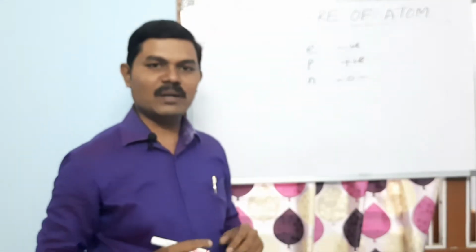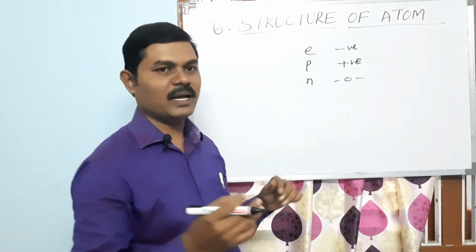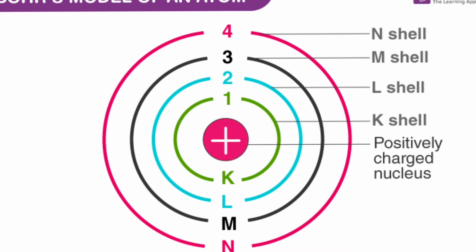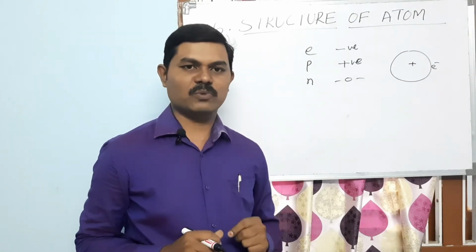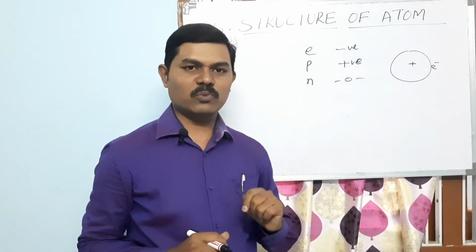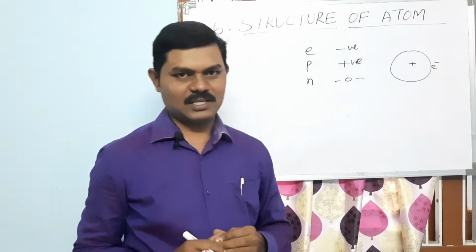So these are the three fundamental particles present in an atom, and electrons always revolve around the nucleus in particular orbits or shells. Now let us recall Thomson's atomic model, Rutherford's model and Bohr's model, which we have learned in 9th class.